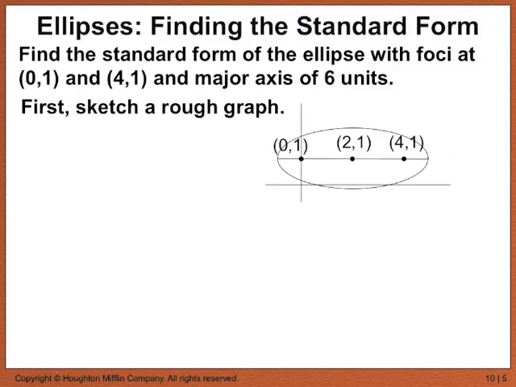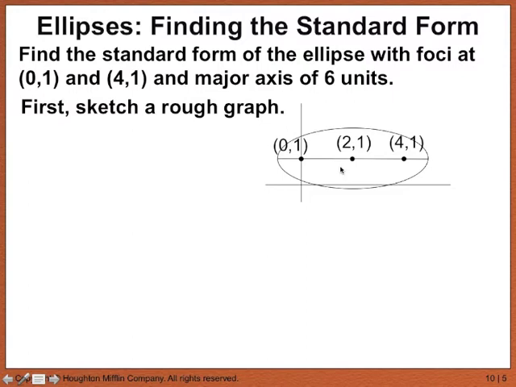All right, and if that's true, then the only difference between the x-coordinate of the center and the x-coordinate of one of the foci is going to be 2, and that's why this is 0 plus 2, so 2. Or you could think of it as 4 minus 2, so 2. Well, (2, 1) is exactly halfway between (0, 1) and (4, 1).